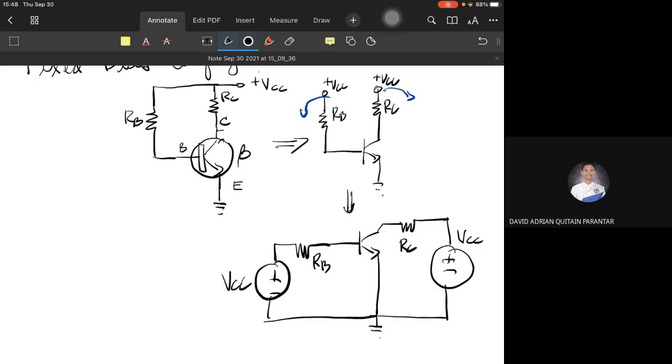Okay. So, is there any question? Go ahead, this is my derived withdrawn circuit.